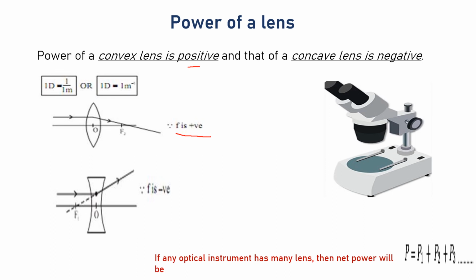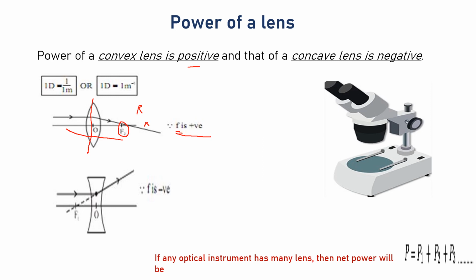Clear? And one more thing, this F is on the right hand side. If this is a Cartesian plane, then this will be on the x-axis. So this F is on the right hand side, which is positive. That is why the power of a convex lens is considered positive, right?